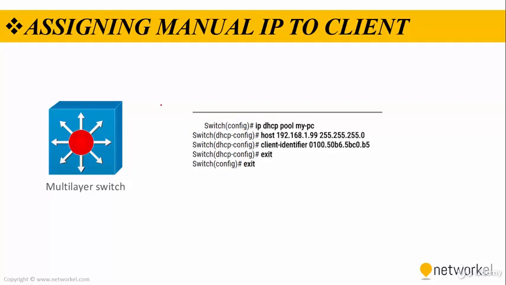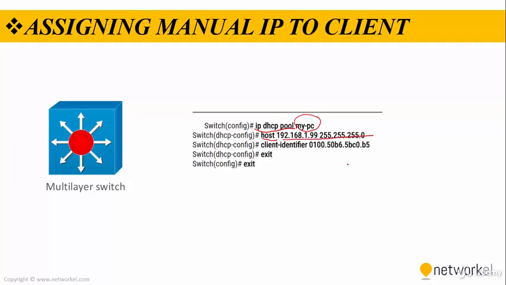If I want to assign a manual IP to the client via the multi-layer switch, what am I going to do? I'm going to configure a DHCP pool again, and its name is myPC for this example. I'm defining the host IP address by using the host command with the IP address and the subnet mask.